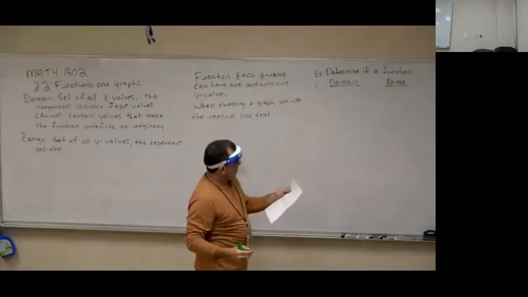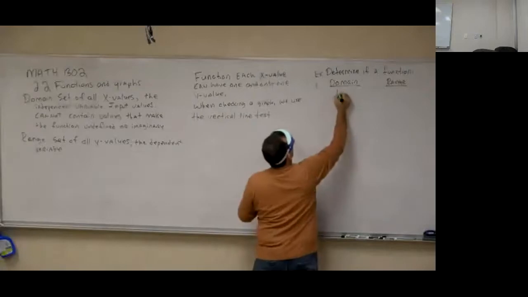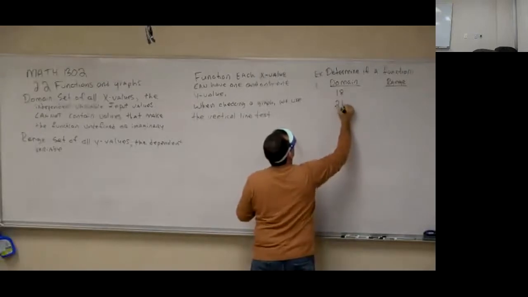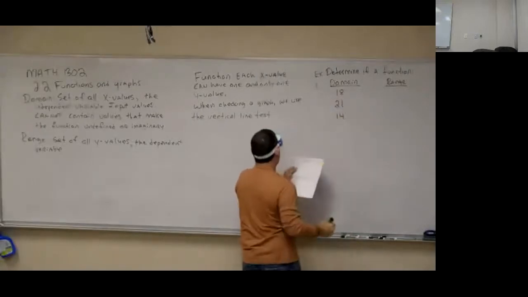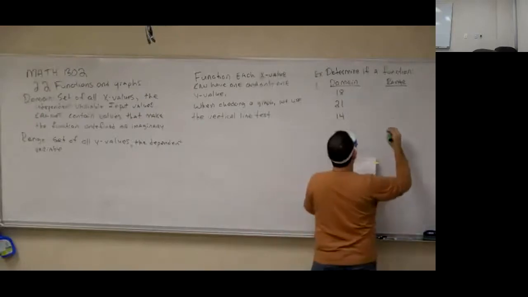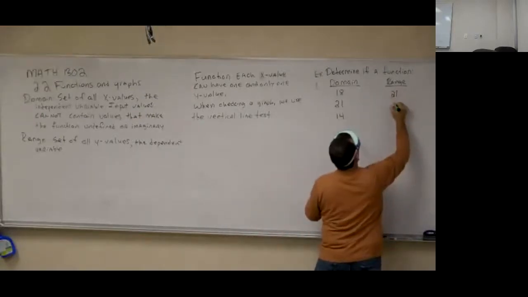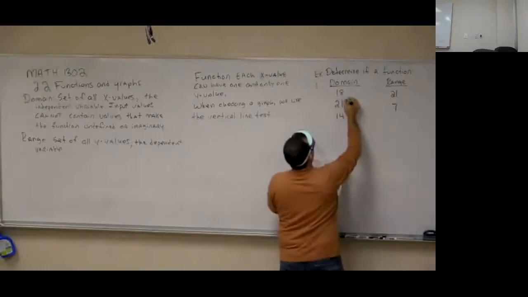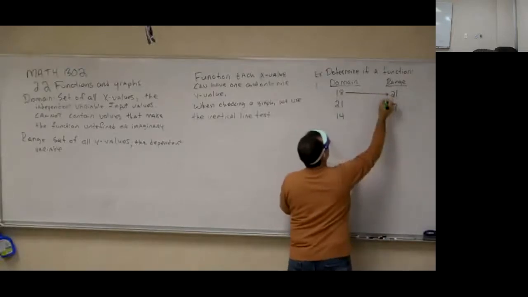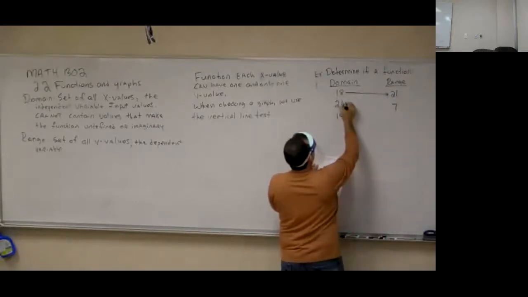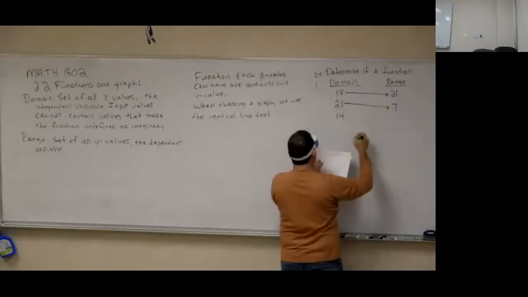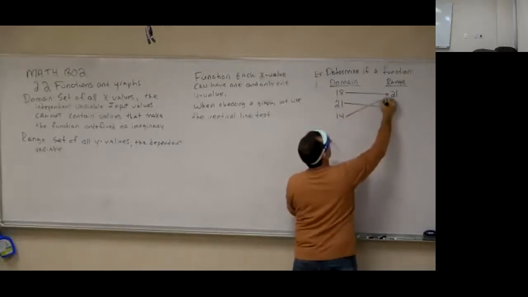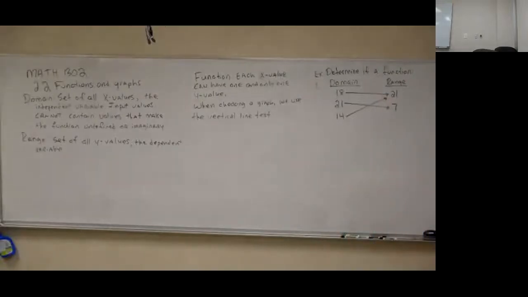My domain values are 18, 21, and 14. My range values are 21 and 7. I've got an arrow going straight across. Arrow from 21 to 7, and then from 14 to 21.